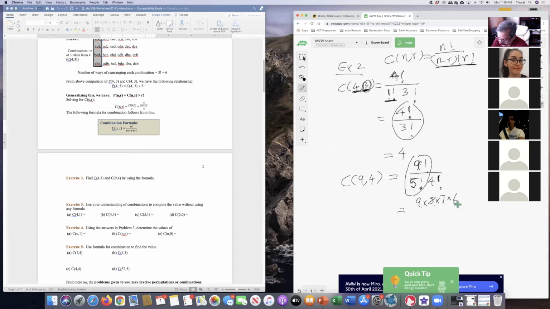You write that first, and then you write the factorial 4 expanded as 4 times 3 times 2 times 1. And then you cancel common factors. The 3 times 2 cancels with 6. 4 divides the 8 into 2. It doesn't matter in what order you cancel them. So now we have 9 times 2 times 7. So 18 times 7.